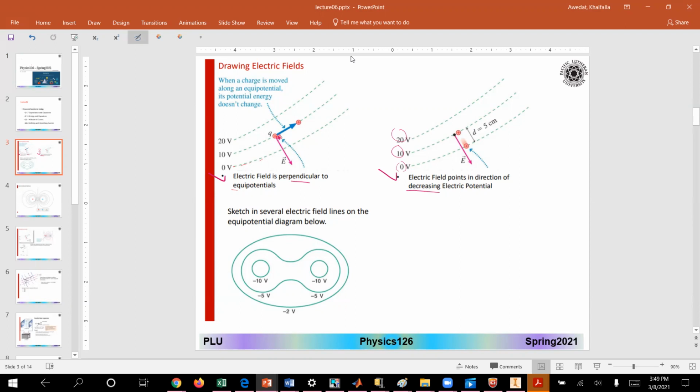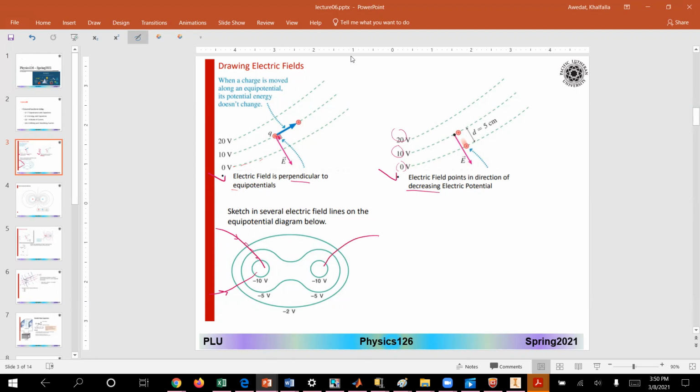If we wanted to draw that situation here, when we have equal potential values minus 10, minus 5, minus 2, we apply those two concepts: perpendicular, and in the direction of decrease of the potential. So I have this line going this way, and I have this one going this way here, and all the time toward the decrease, and it should be perpendicular at the intersection with those lines.